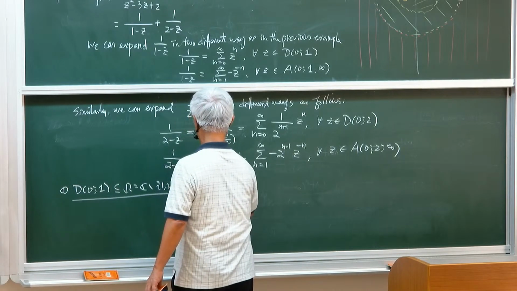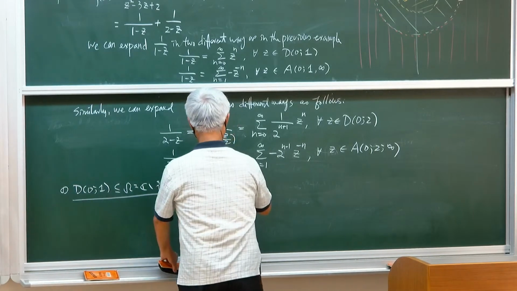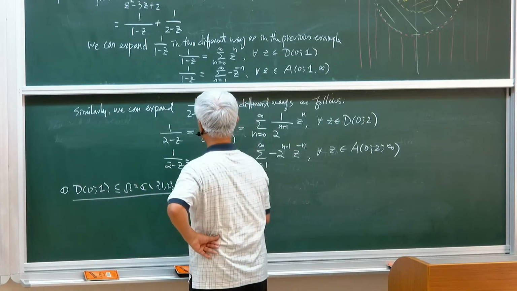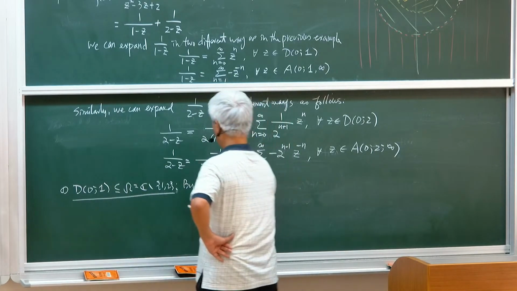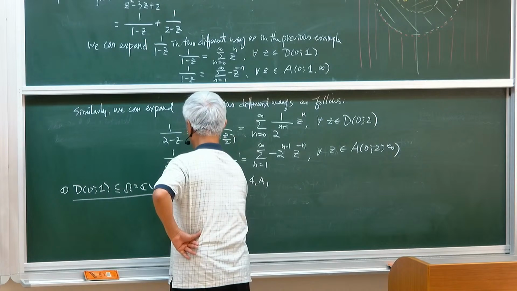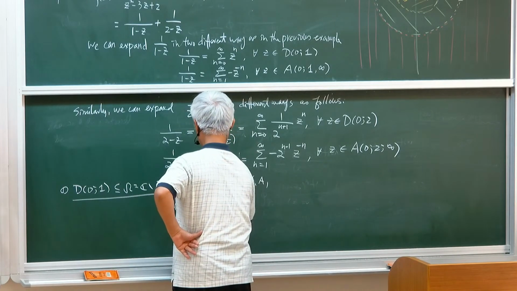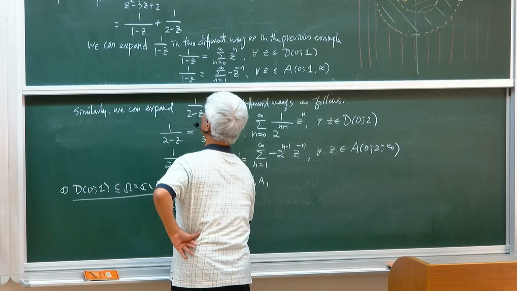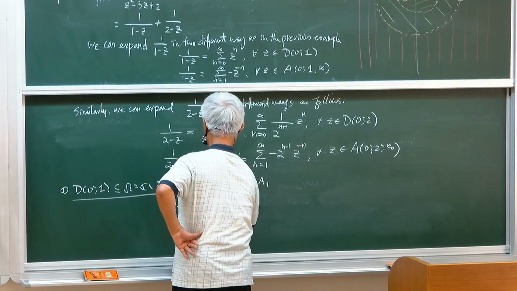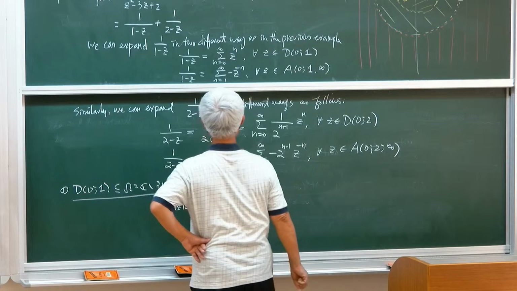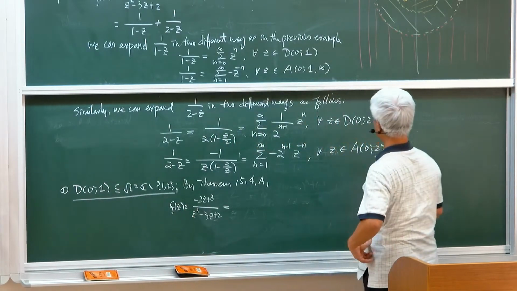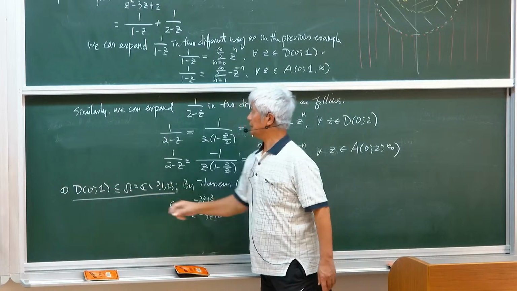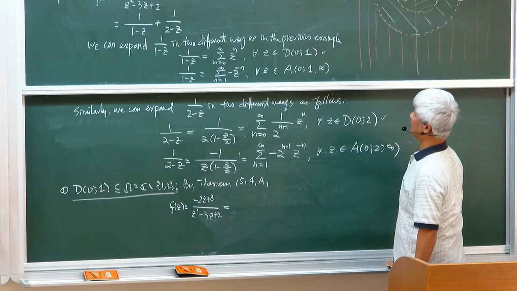Now, by theorem 15.4.8, f(z), which is (-2z+3) over (z squared minus 3z plus 2), now has a representation so that in this open disk, these two will be valid.